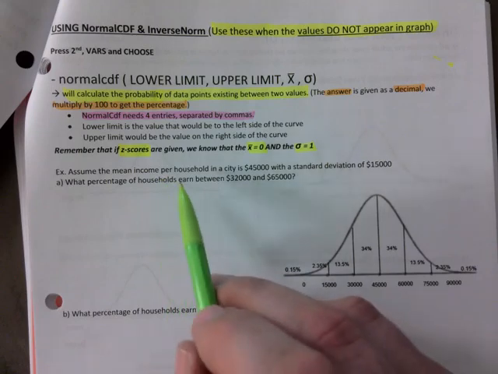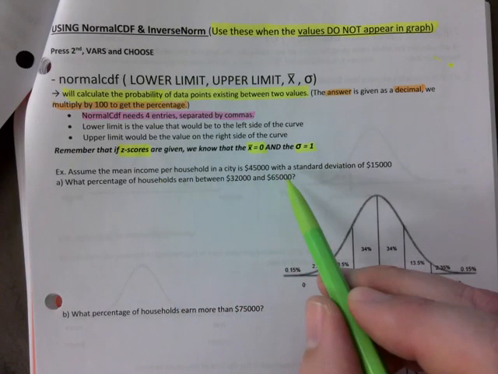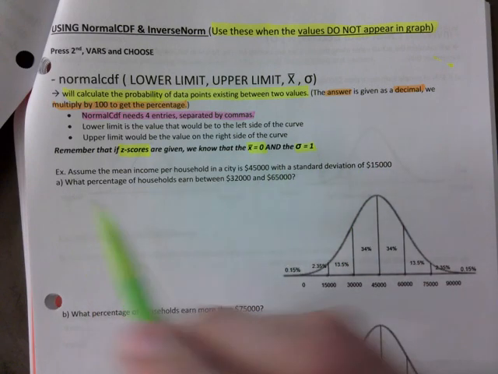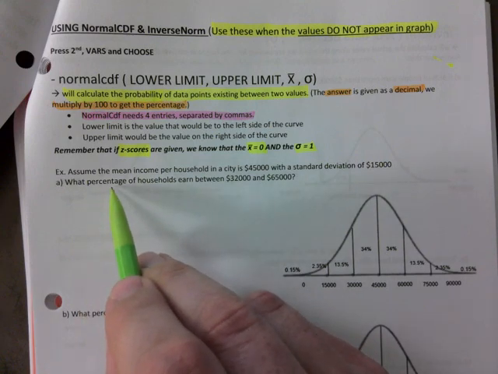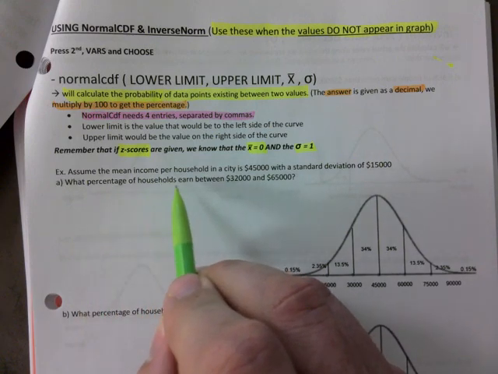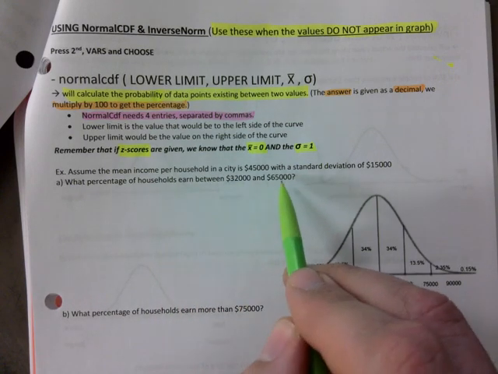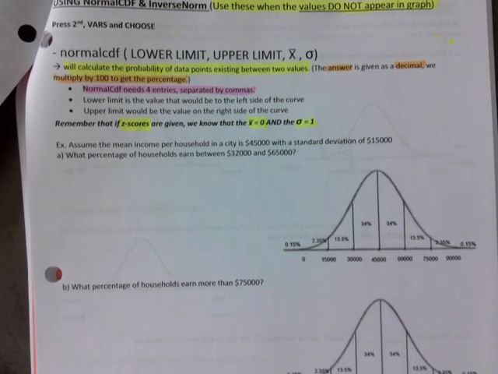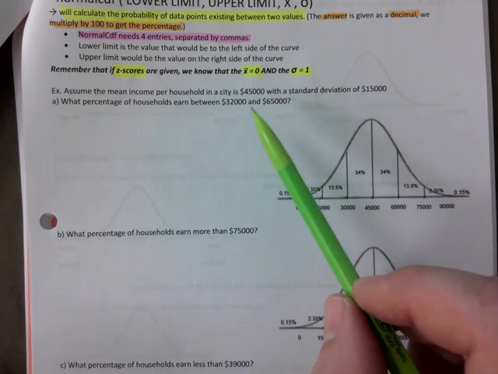Assume the mean income per household in a city is 45,000 with a standard deviation of 15,000. Right? So there's your mean and there's your standard deviation. What percentage of households earn between 30,000 and 65,000? I took the liberty to make that normal curve for you already. Do you see 32,000?